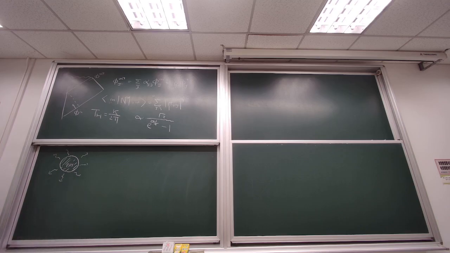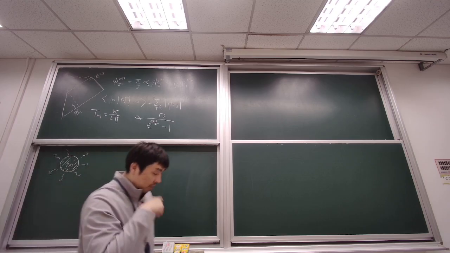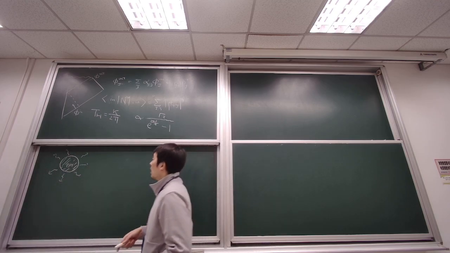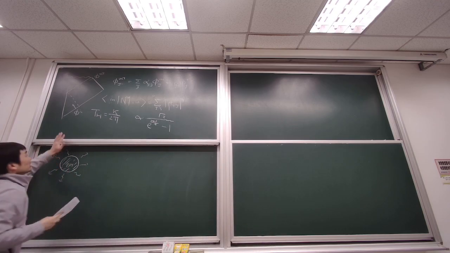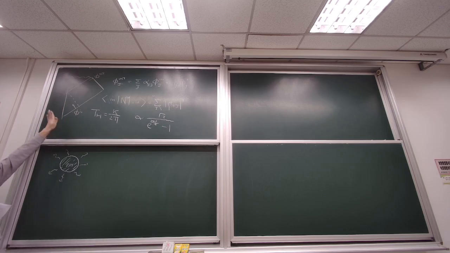So the black hole is no longer black, at least in the semi-classical treatment with thermal radiation. Semi-classical means that we just fix the background of the black hole geometry, but do the quantum field theory on the fixed background. Okay, so that's what I meant by semi-classical.